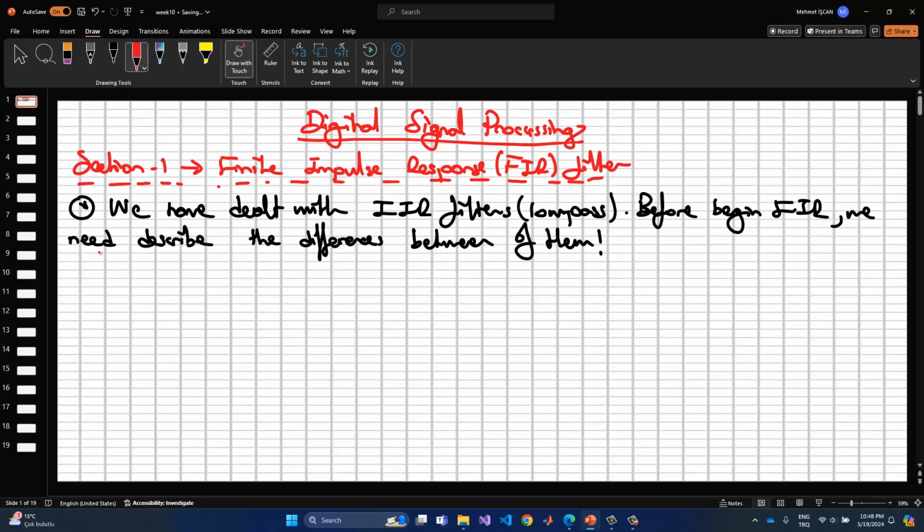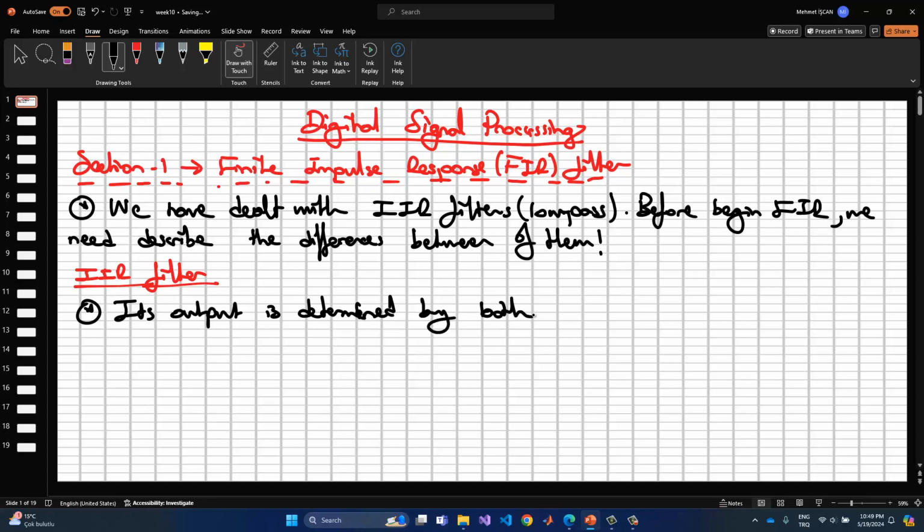so the first title is the IIR filter. Okay, in the IIR filter its output is determined by both its current and past inputs and past output values.